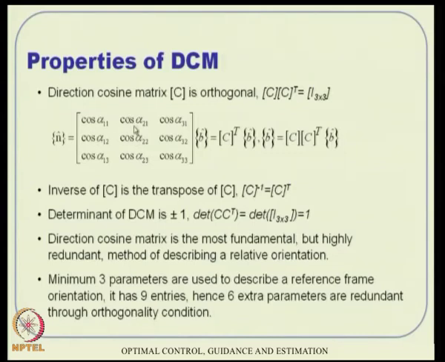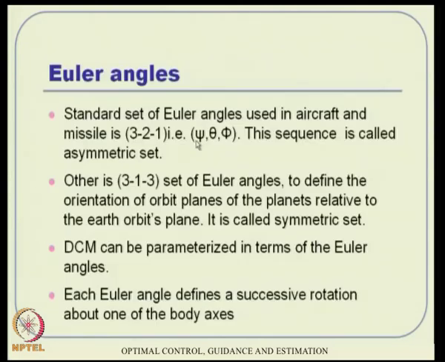If I take dot products of any 2 rows, they are zero, and if I take the norm of any row, it is 1. So, you have 3 combinations of dot products and then 3 normalization quantities. These are the 6 redundancies.